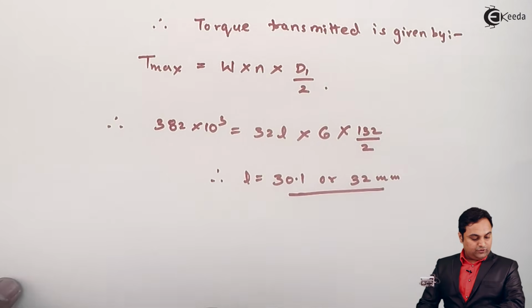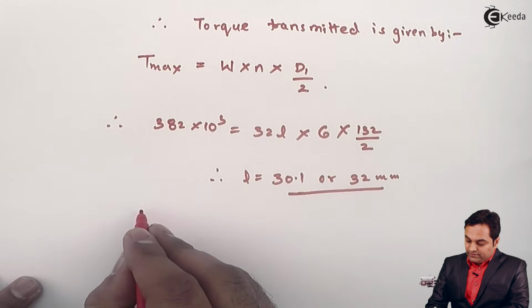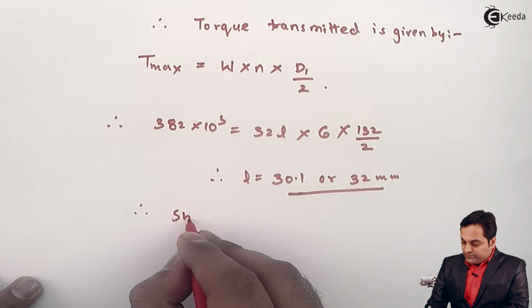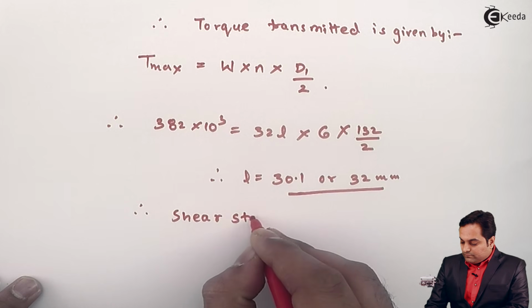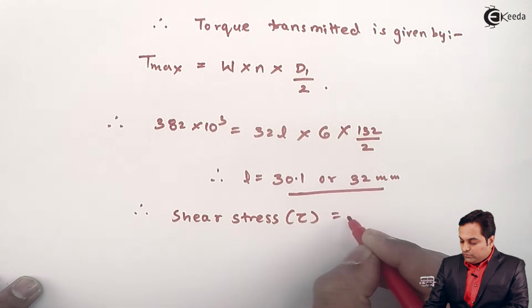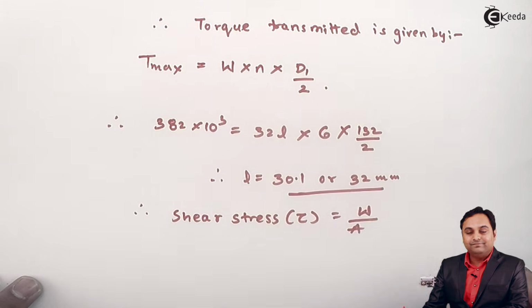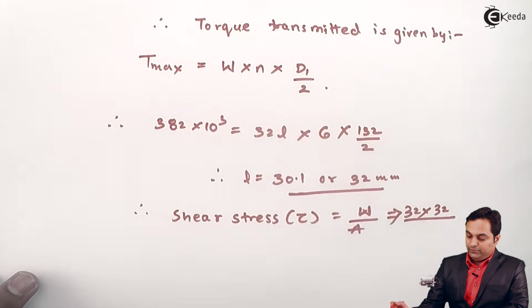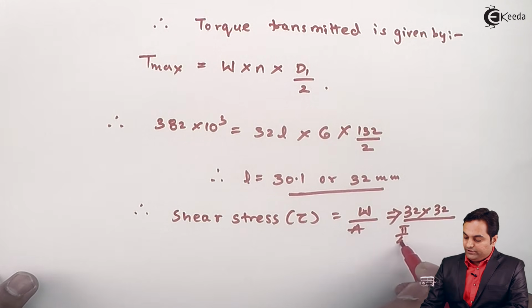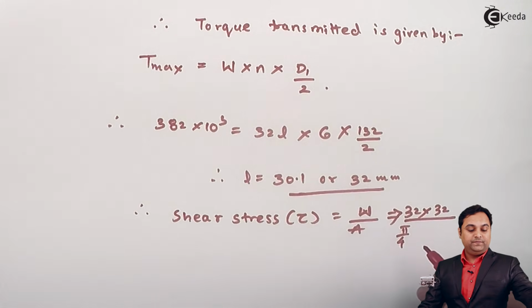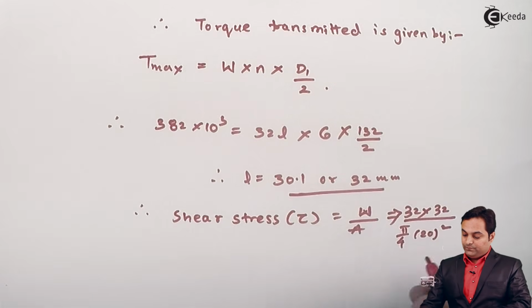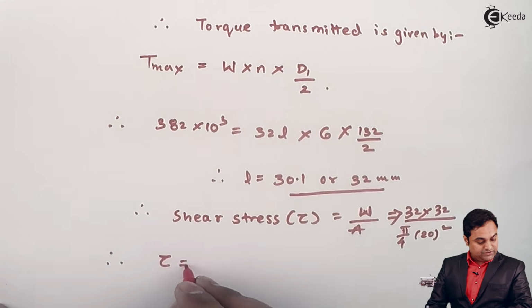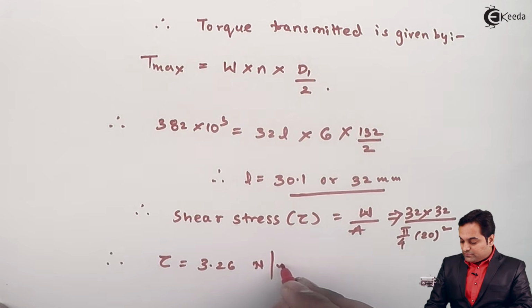Now for checking it for shear stress, shear stress tau is equal to load upon cross sectional area. Load we know is 32 into L, and L is again 32, because W was 32 into L. Area is pi by 4 into D1 square, and D1 was 20. From this I will get the shear stress, that is 3.26 Newton per mm square.